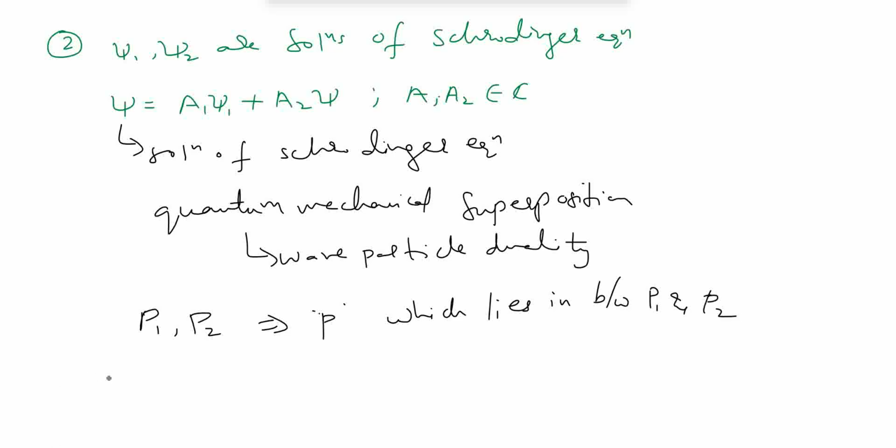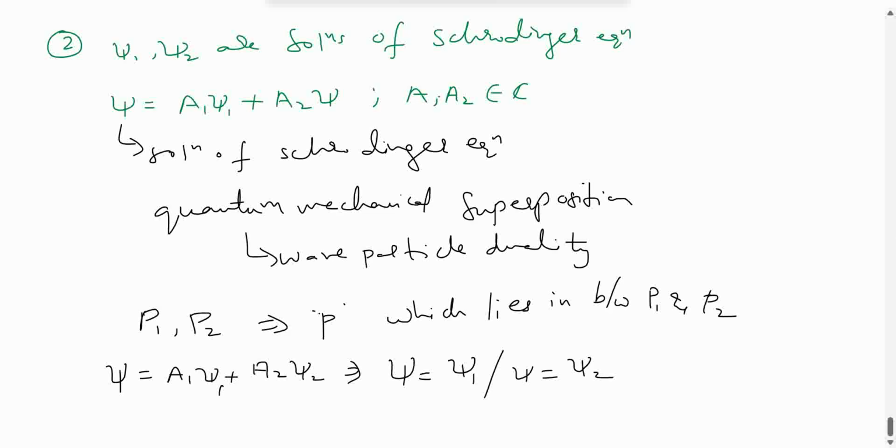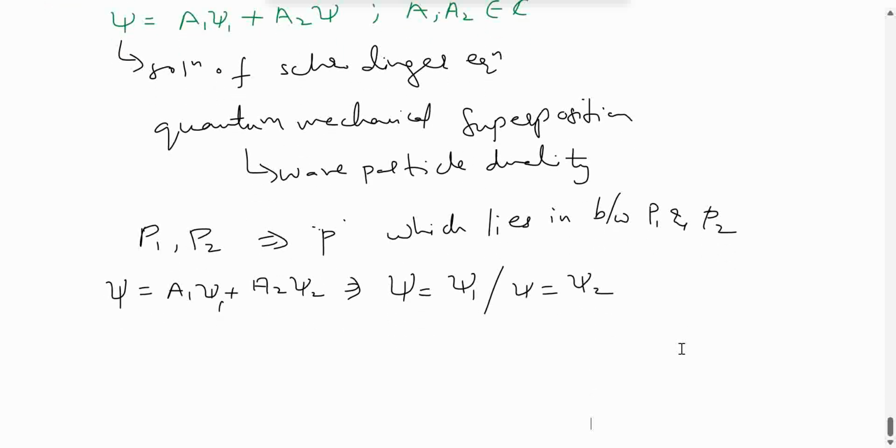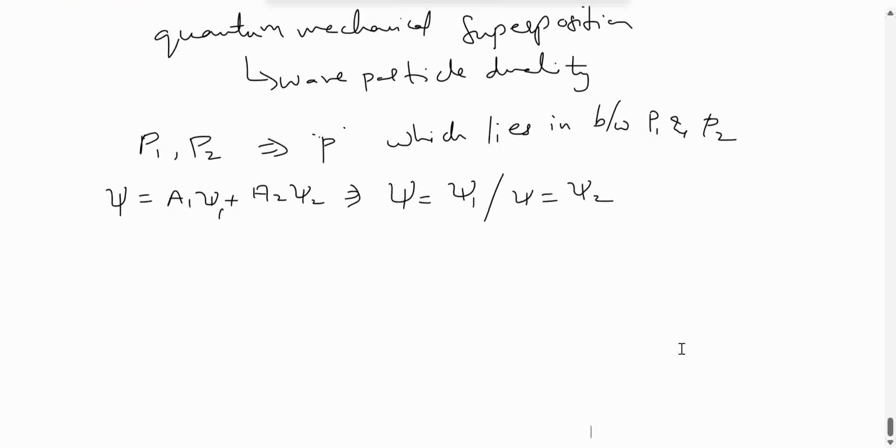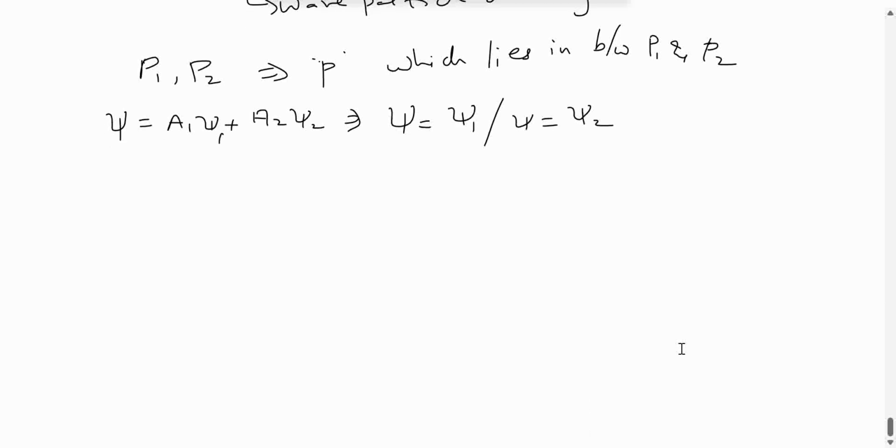But in quantum mechanics, when we superimpose ψ equal to a1 ψ1 plus a2 ψ2, then for a measurement we get ψ equal to ψ1 or ψ2 with respective probabilities, and not something in between ψ1 and ψ2. This is a peculiarity of quantum mechanical superposition.